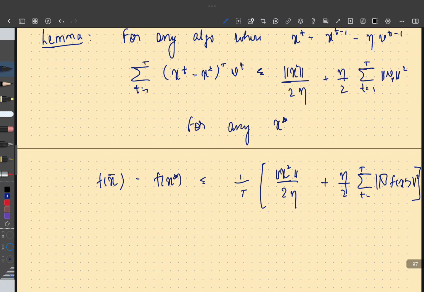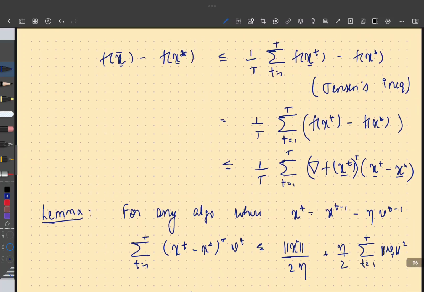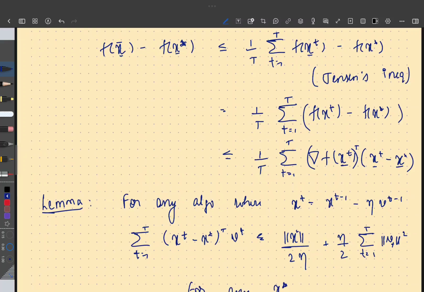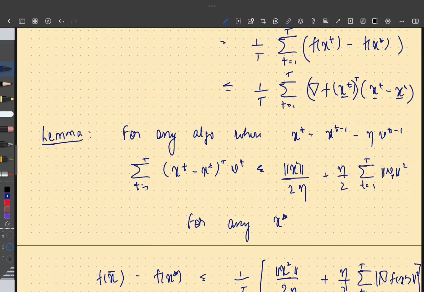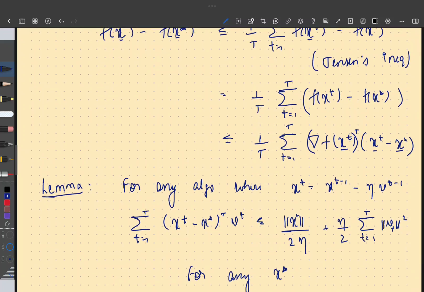Yes. When you approximate the gradient, can you explain? Here, shouldn't it be x star minus x_t?